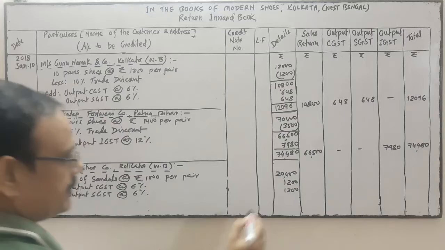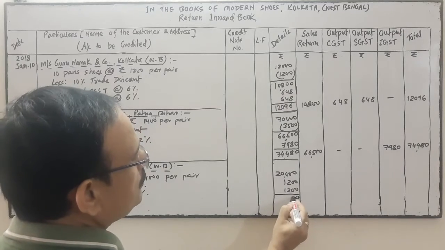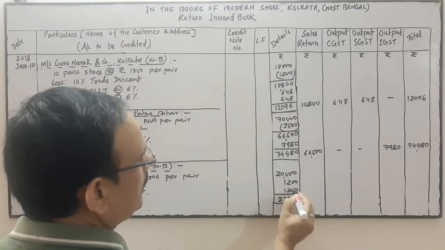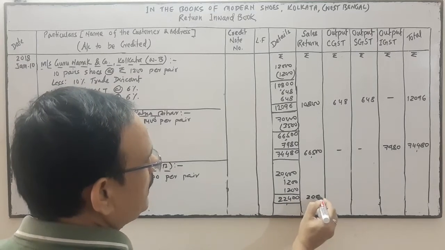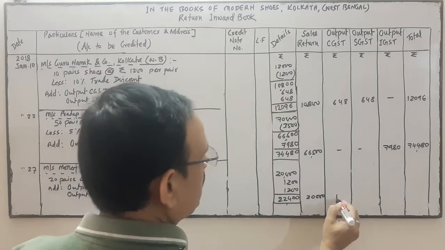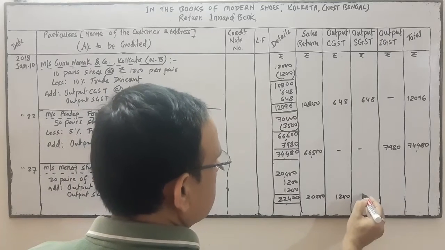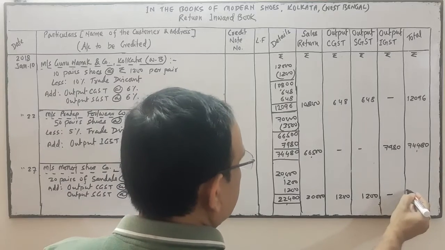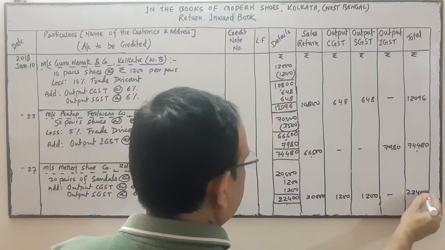So the total is 22,400. So 20,000 will be here, 1,200 in the output CGST and in the output SGST, and 22,400 as the total.